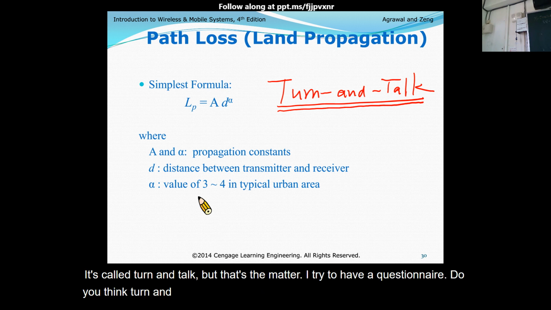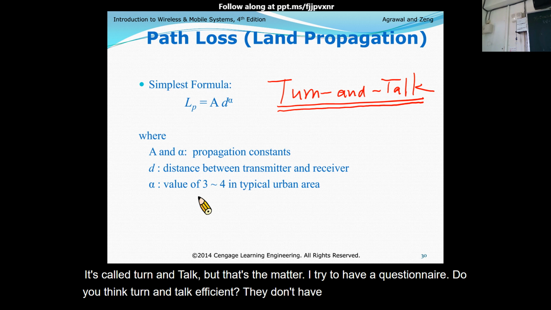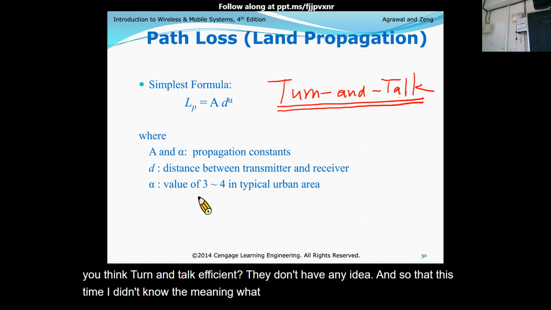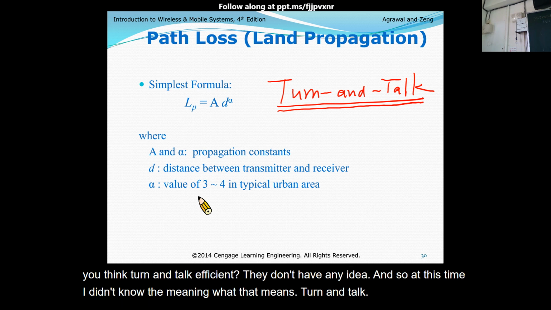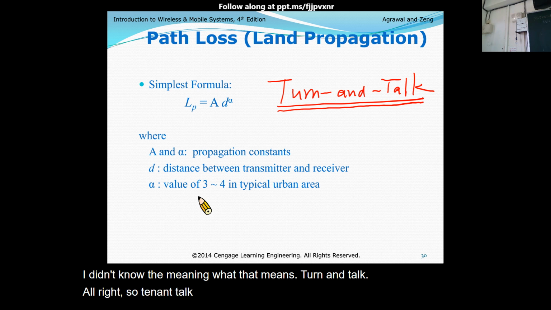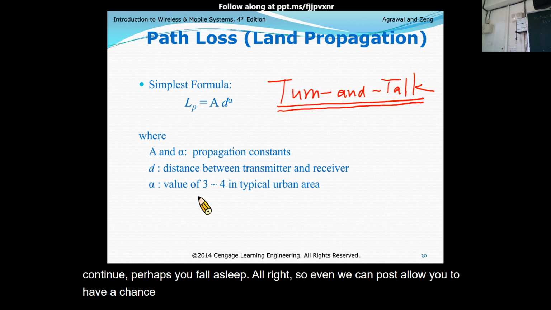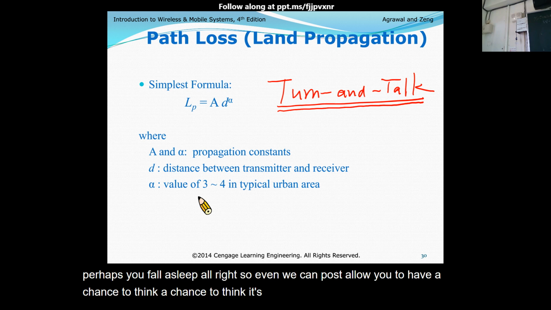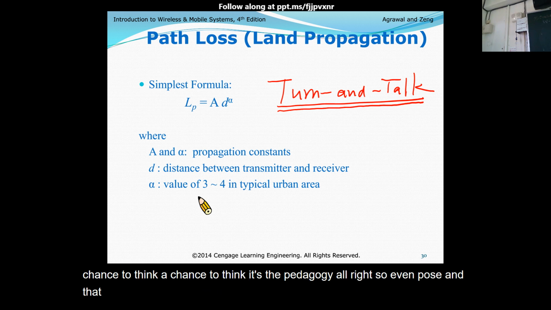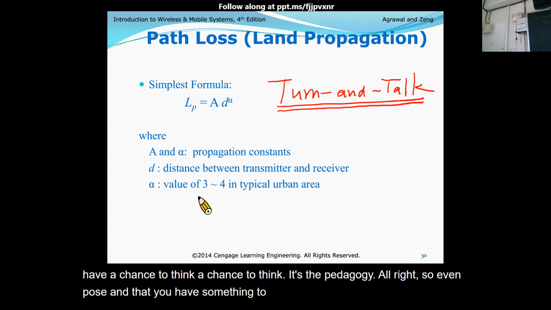They don't have any idea. This time I didn't know what turn and talk meant. All right, don't waste time. If I continue, perhaps you fall asleep. So even we can pause, allow you a chance to think. It's the pedagogy. But let me check. Up to now, any questions?